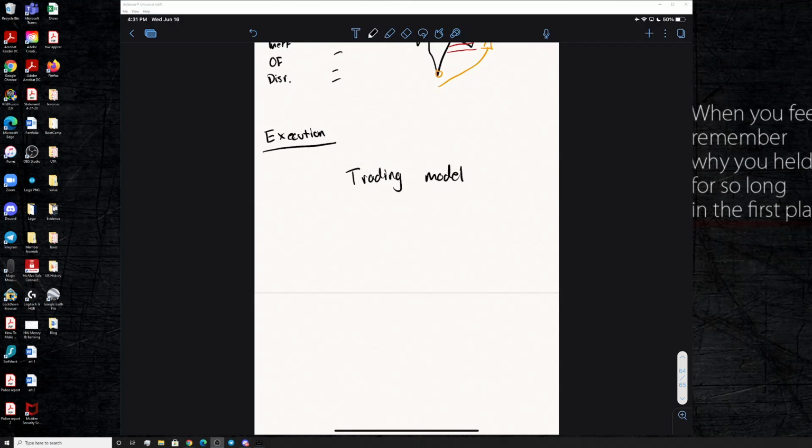Now, the trading model, that whole aspect, is 100% on you, right? That is 100% on you. Why? Because like I just said earlier in the video, your model is based on your trading plan, which is based on your result, which is based on the common winners that you see and how they occur, right? So you now are executing based on a trading model, right?